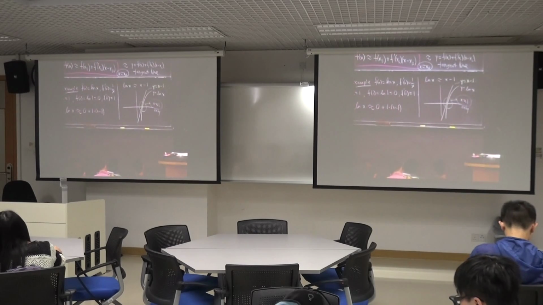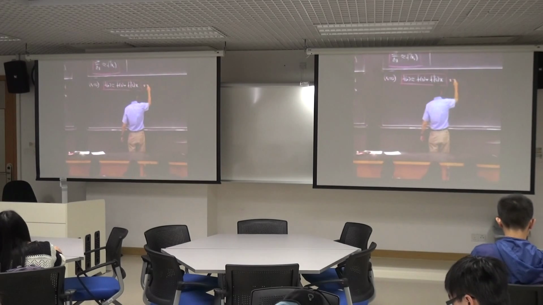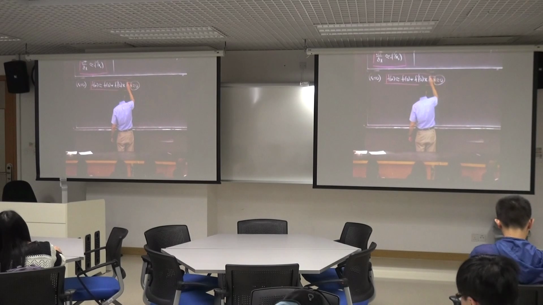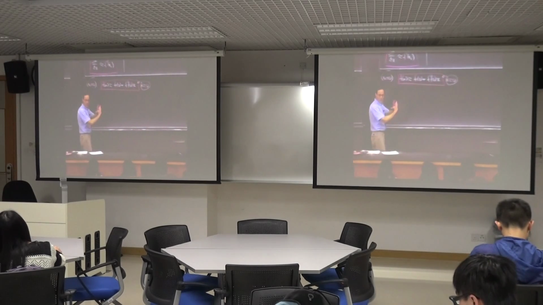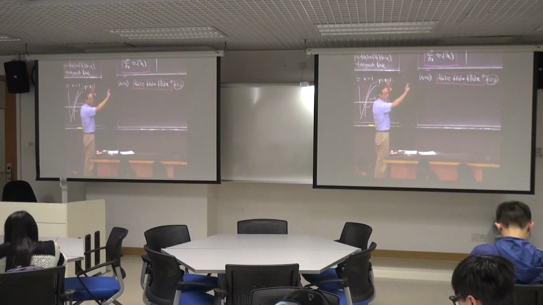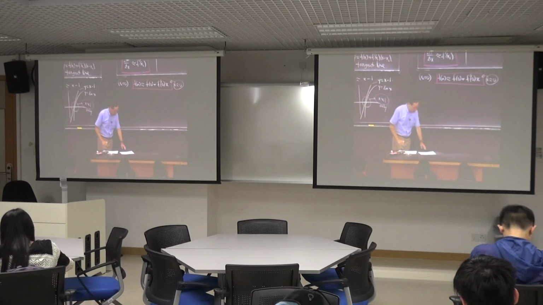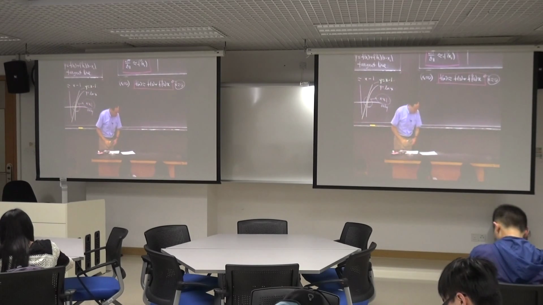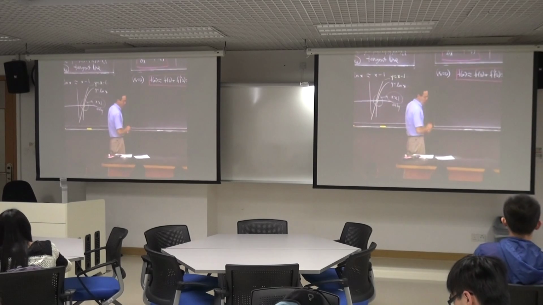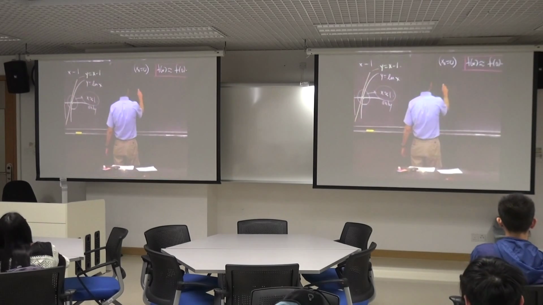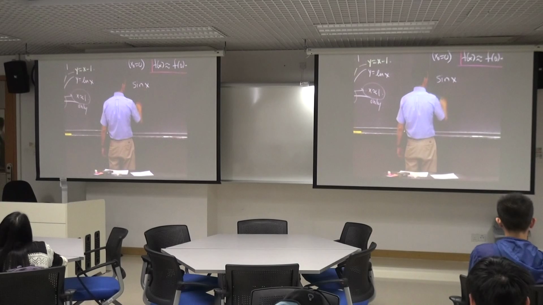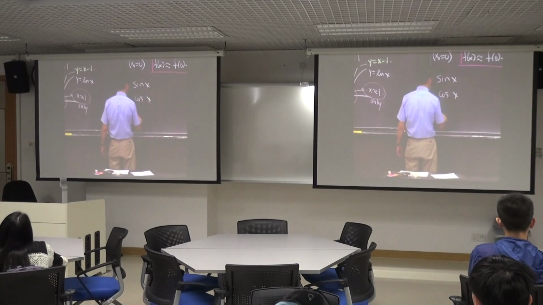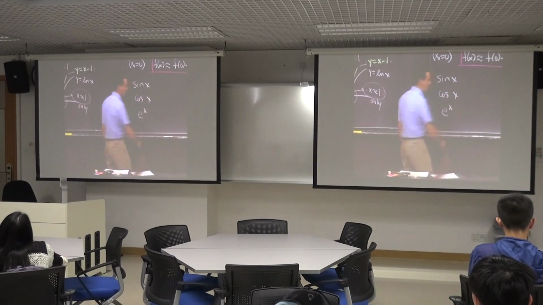So this one works when x is near 0. Right? You can't expect it to be true far away. The curve can go anywhere it wants when it's far away from the point of tangency. So, okay, so let's work this out. Let's do it for the sine function, for the cosine function, and for e to the x to begin with.